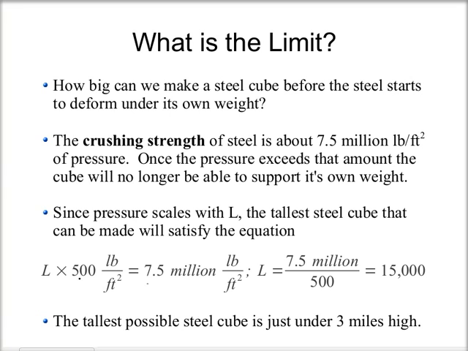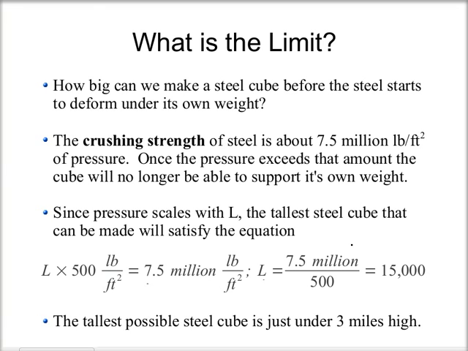So if I divide both sides by 500 pounds per square foot, that's going to give me a linear scaling factor of 15,000. So the tallest possible steel cube that you can make would be 15,000 feet tall, and that's just under 3 miles high.